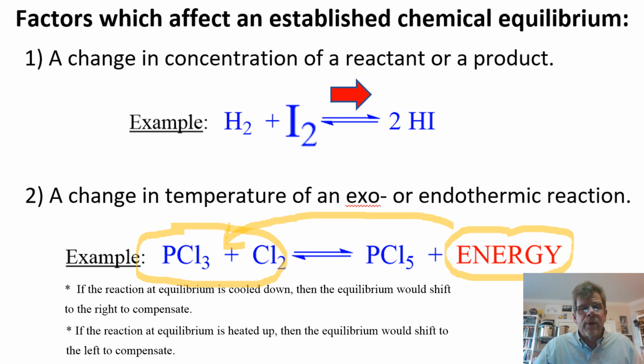An endothermic reaction, we would heat up to send its equilibrium towards products. An exothermic reaction, as we just saw here, we're going to cool down to take that energy out of there to shift the reaction towards the right.